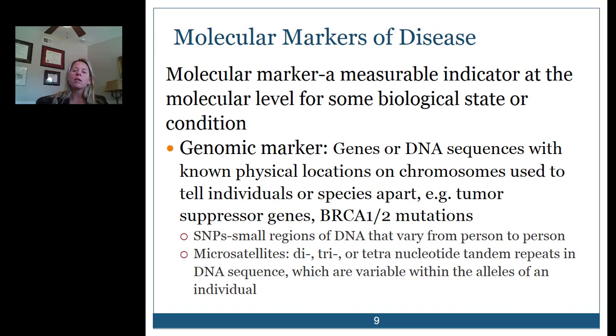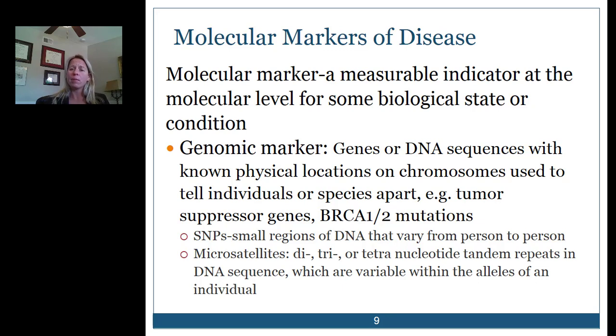Now, there are a myriad of different kinds of molecular markers for diseases, and I'm just going to walk you through some of the key categories just so that these terms are familiar for you. First, I want to define what I mean by molecular marker. This is a measurable, that's key, indicator measured at the molecular level for some biological state or condition.